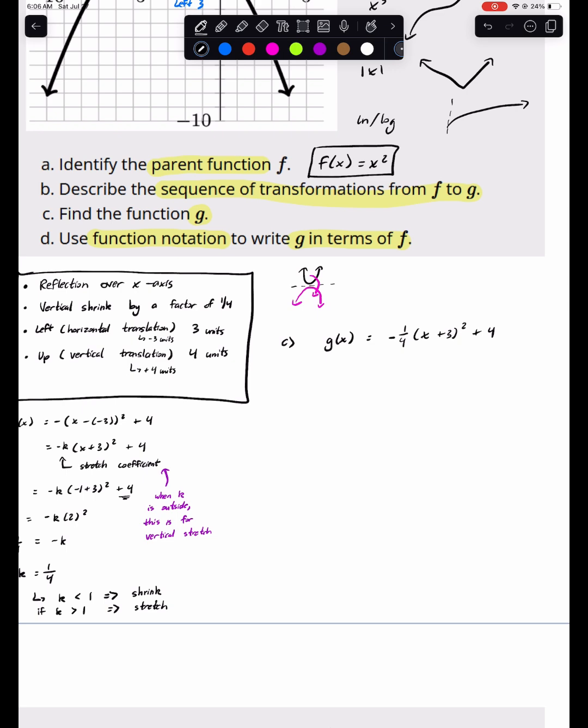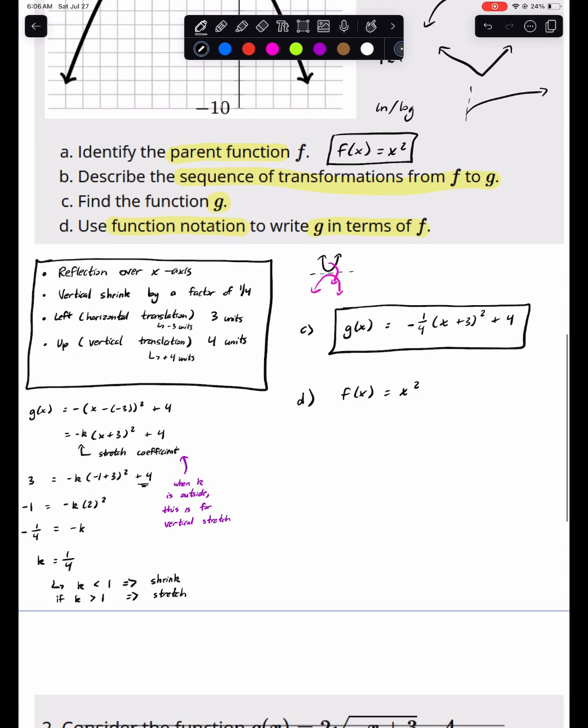And then for part D, remember the f of x, like I said earlier, is x squared. So we're going to go through the same process I just showed.